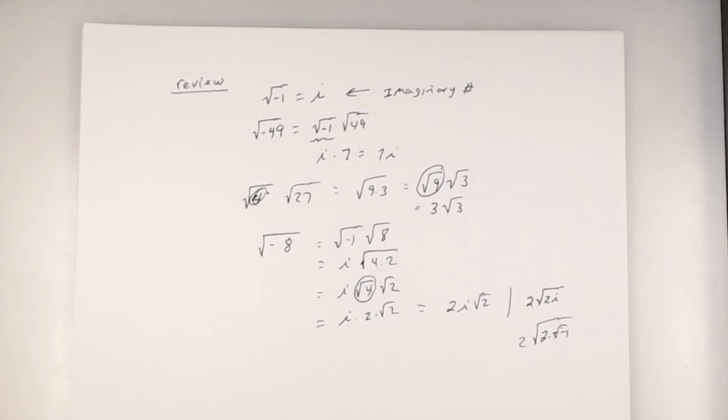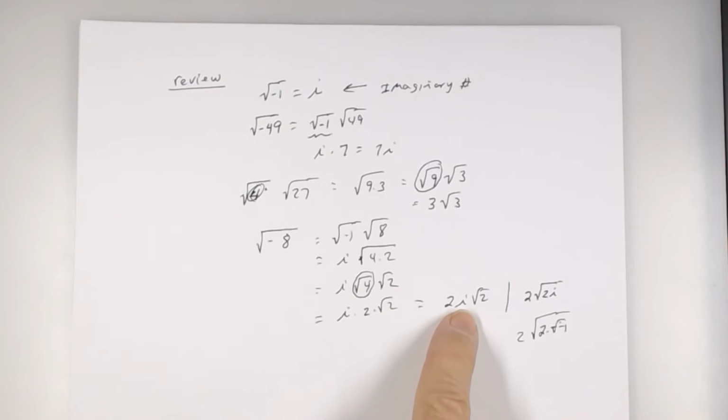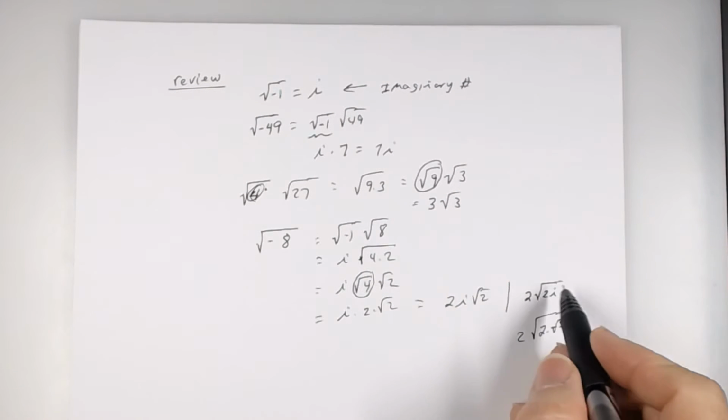Well, that looks totally different than what this is. Okay? So you've got to make sure that if you're going to put that i on the end, you can basically tell me that it's at the end. Because if you turn it in and it's under the square root, it's not correct. So it's always a good idea, when you have a square root in your answer, to put the i in front. So this is not correct.